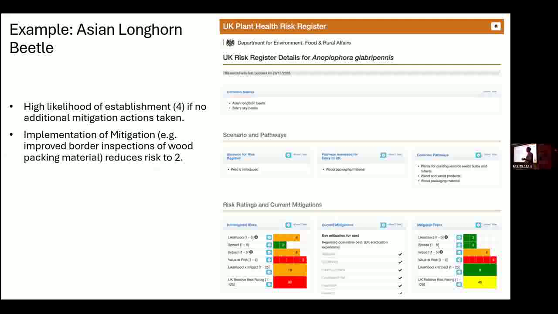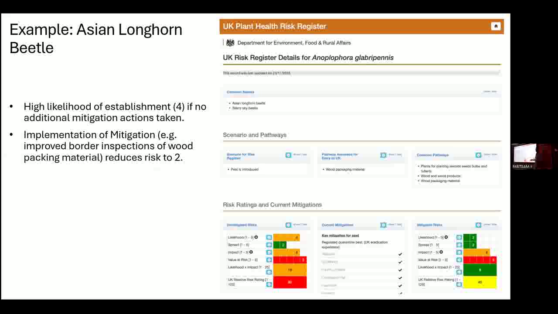So 1 is low risk, low impact, and 5 is high risk, high impact, and you multiply those two together, and it gives you a joint likelihood times impact score between 1 and 25. This particular one, which is a beetle, has a joint score of 16, so it's pretty high.